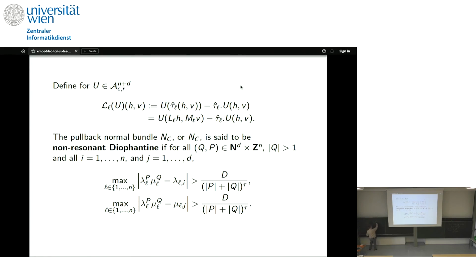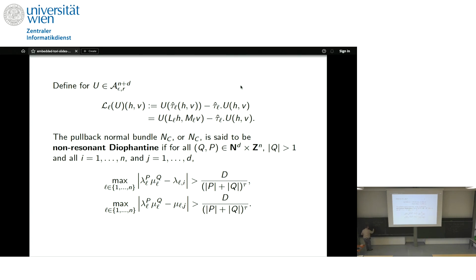And if you compose this by L_i h, M_i v, this gives you precisely lambda_i to the p times mu_i to the q, and the same monomial here.